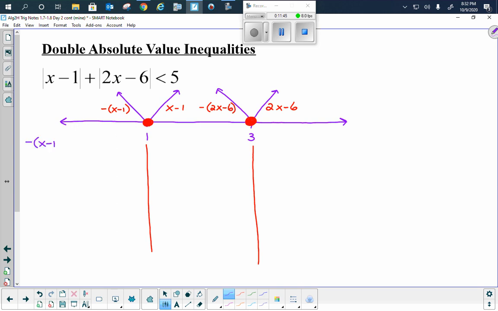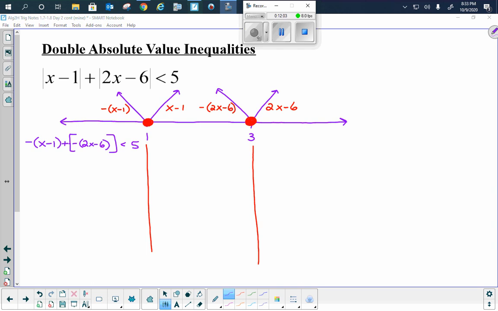So the opposite of x minus 1 plus the opposite of 2x minus 6 has to be less than 5.